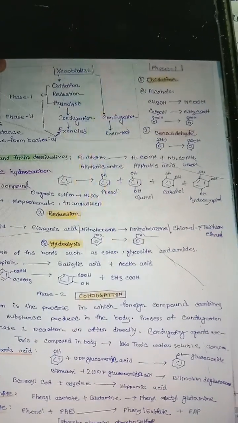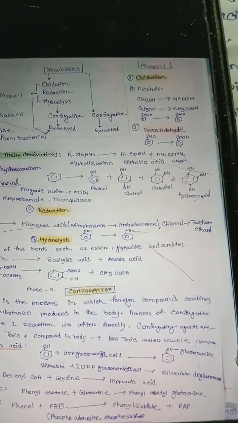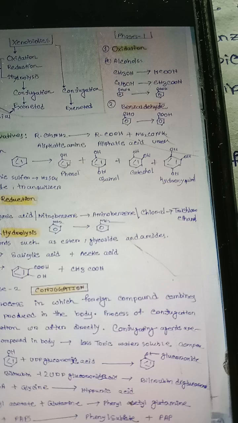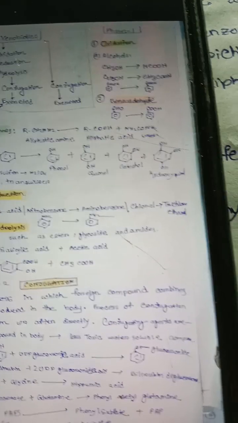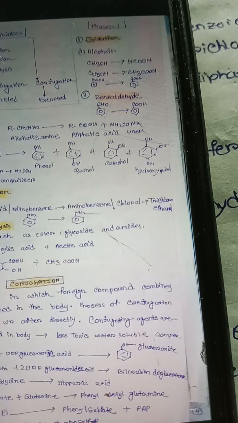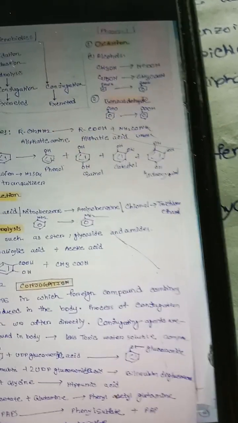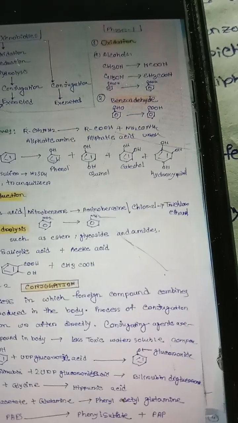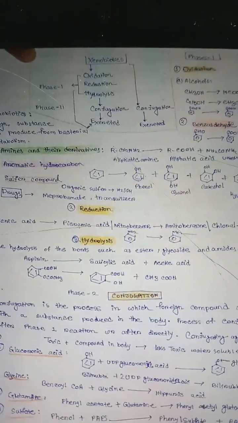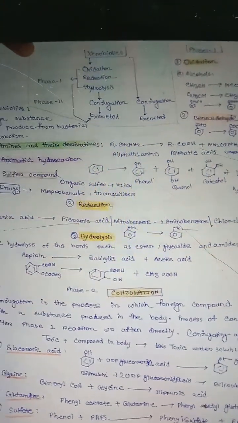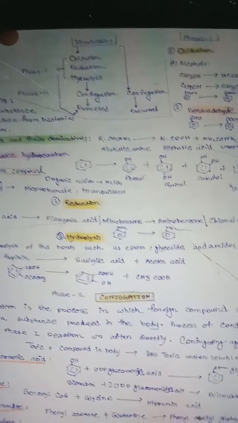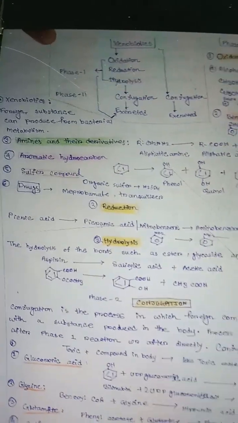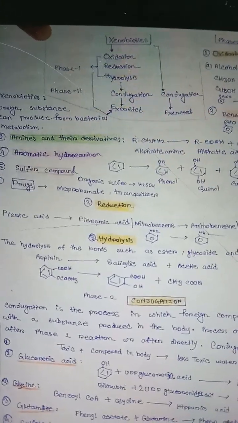Examples in oxidation reaction: methanol becomes formic acid, ethanol becomes ethanoic acid, benzyl alcohol becomes benzoic acid, and benzaldehyde becomes benzoic acid. Amines and their derivatives, like aliphatic amine, become aliphatic acid. The majority of the substances become acids. Okay, it's non-toxic, or less toxic.